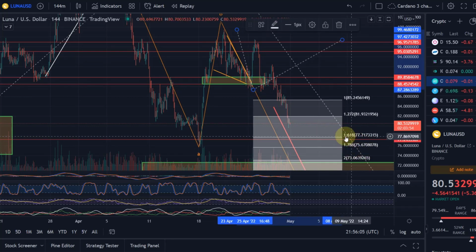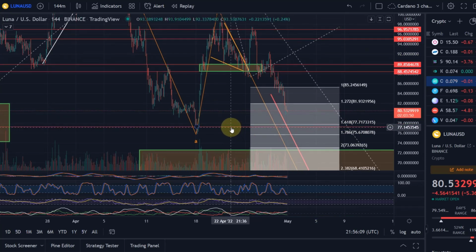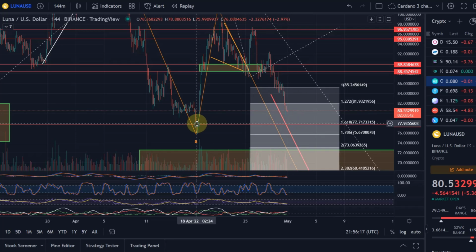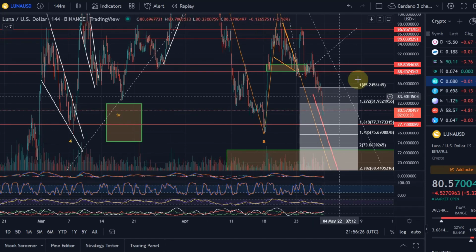Looking good. I think it's sort of $77.70, and I can adjust the trend line here. So that support line, and I think this is where we should see the next support. This is also where we had that low of the wave A, very close to that level. That was actually here at $75.70.